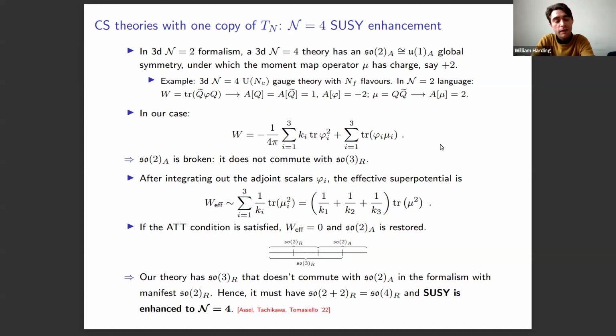Okay, now we can proceed as follows. We can integrate out the adjoint scalar fields phi I, and we obtain the following effective superpotential. So basically, this is sum for I going from 1 to 3 of 1 over Ki times trace of mu I squared. Now we can use the condition which I wrote down in the previous slide, satisfied by the moment map operators.